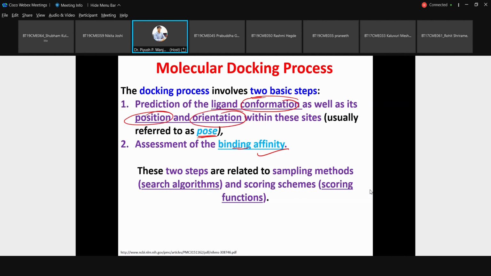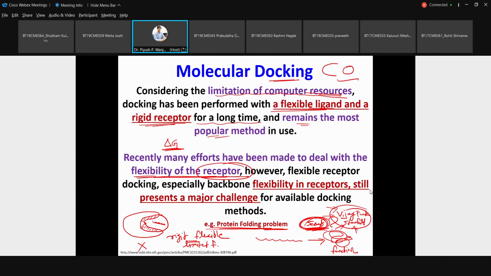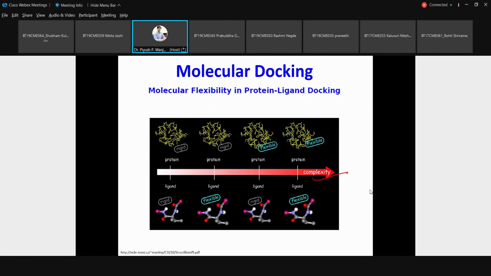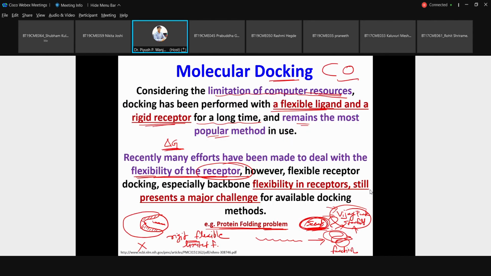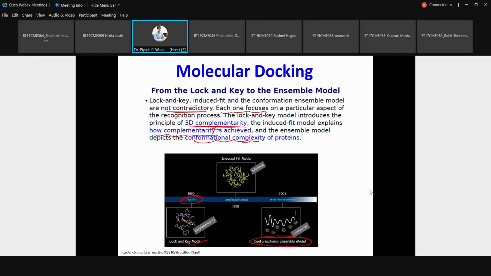Now, what is the meaning of all these different things? You want to predict the ligand conformation. I said in many cases you are going to keep the ligand flexible. Why are you keeping the ligand flexible? Can anyone say why we are keeping the protein rigid, but we are keeping the ligand flexible? A ligand is a small molecule.